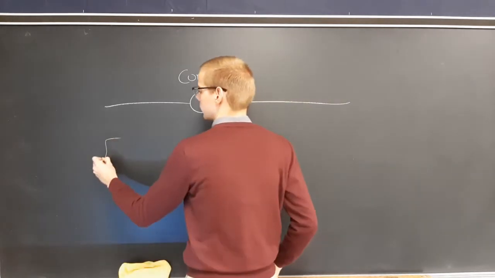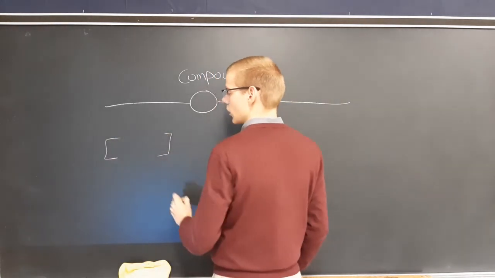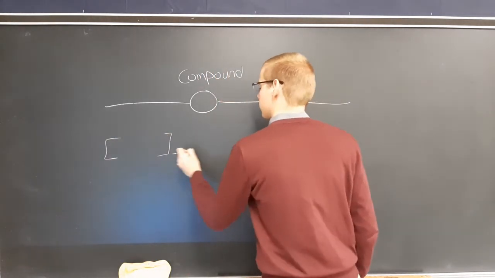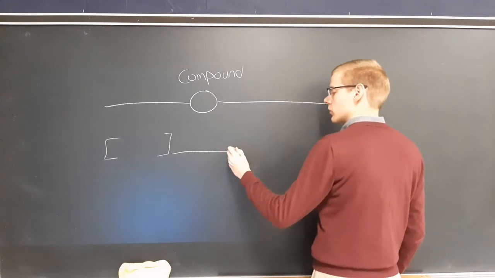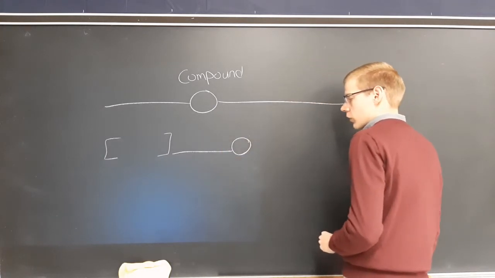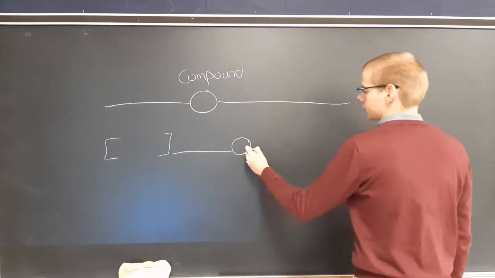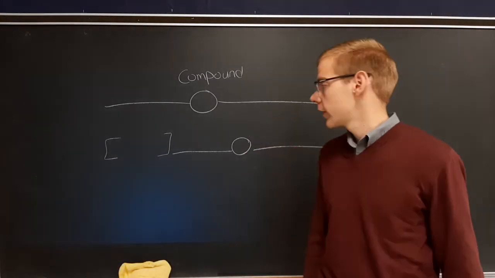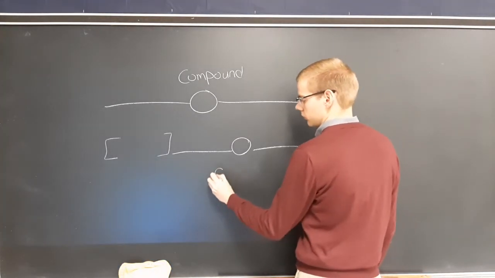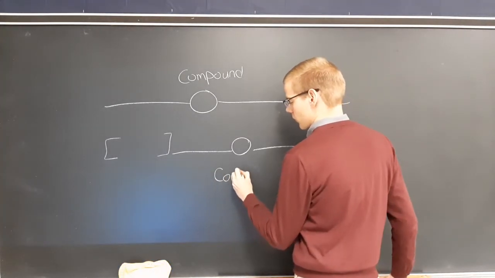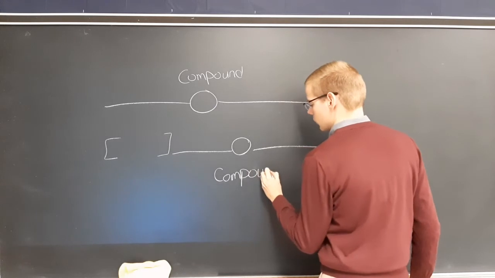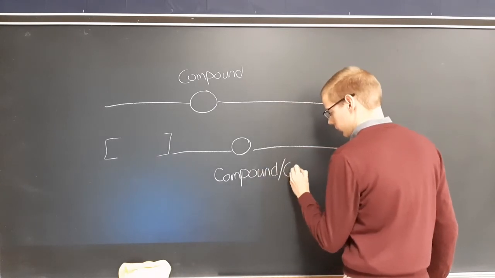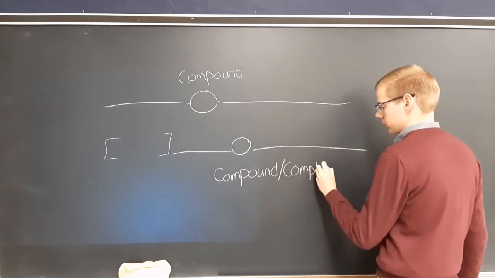Now if we have a dependent clause with an independent clause with a coordinating conjunction and another independent clause, that is what we call compound complex.